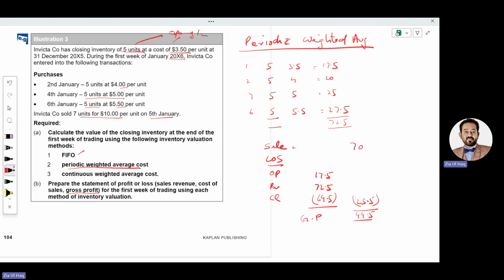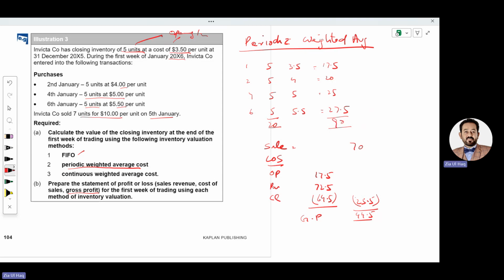So there were units, how many? 20. How many units were there? 20. And what is the average cost? 72.5 plus 17.5, it's total 90. Is that total 90? Yes, total is 90.